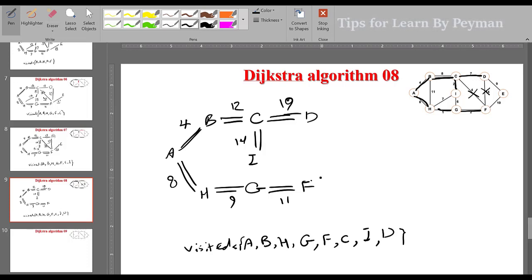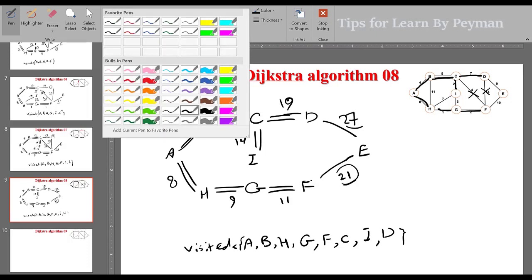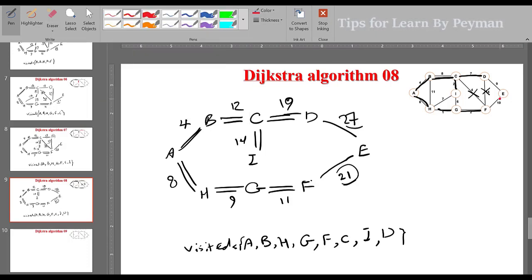So we just have here the value 21 to E, and 9 plus 19, 27 to E. Which one is lower? Of course, the path between F and E. So I choose this one as our next.